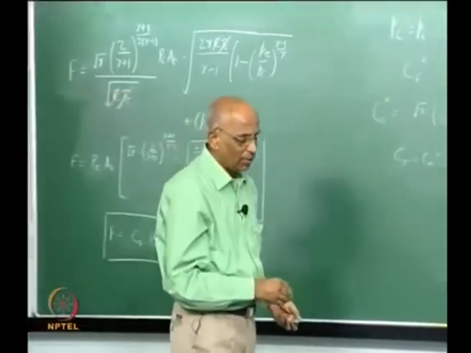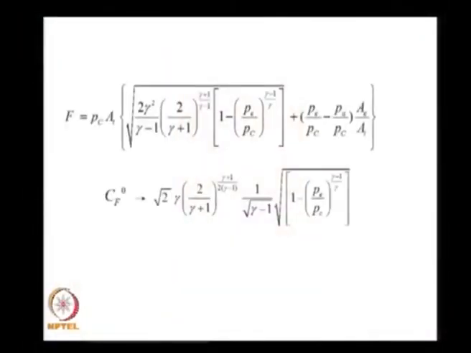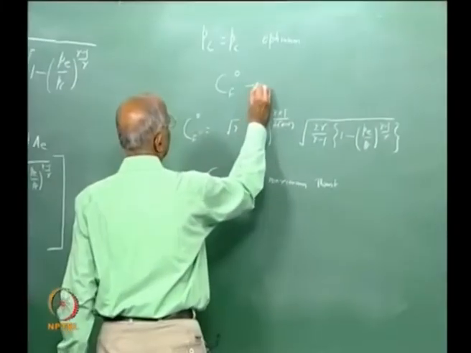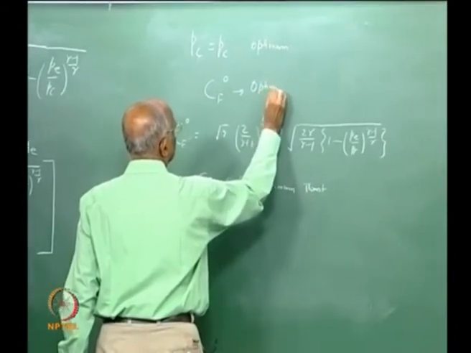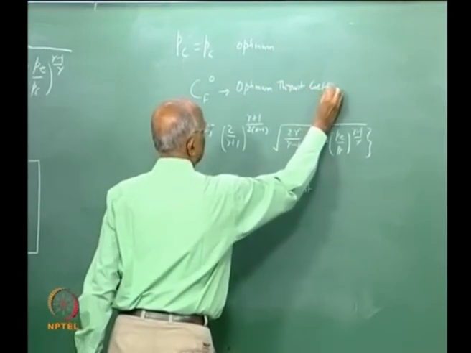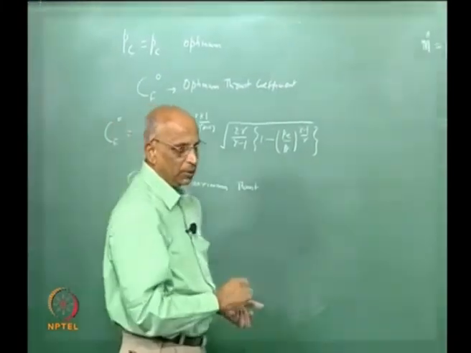Therefore, let us now take a look at some of the results from this expression. All we did was derive this value, and this is the value we get for the optimum. I took gamma minus 1 outside over here, and now if I take a look at the optimum value of CF, which I call the thrust coefficient, CF is the thrust coefficient, CF0 is the optimum thrust coefficient.